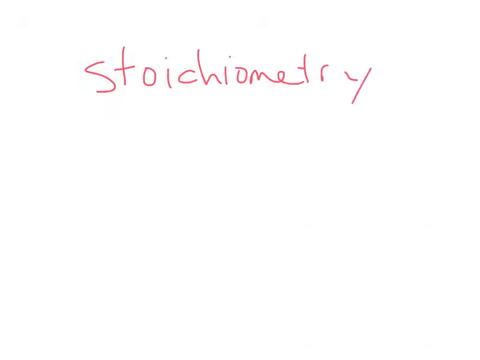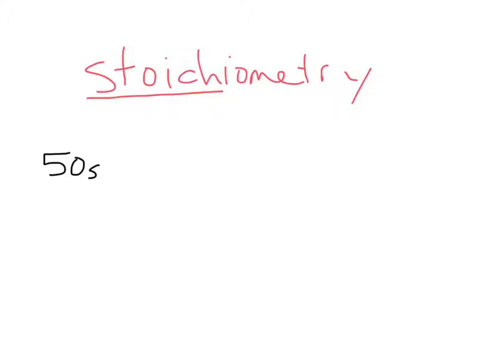The name that we give to chemical quantities and using chemical equations is called stoichiometry. And a lot of times it'll just be abbreviated as stoich. The dimensional analysis for our problem with the 50 sandwiches would look something like this.